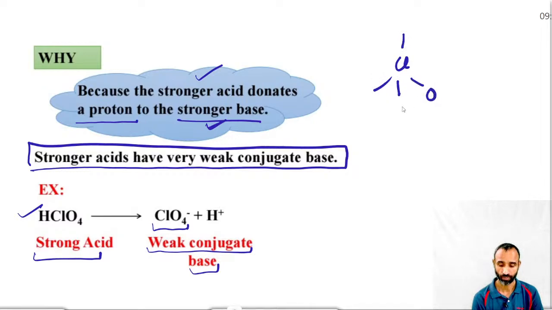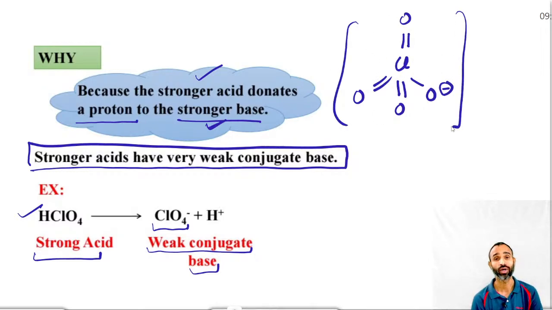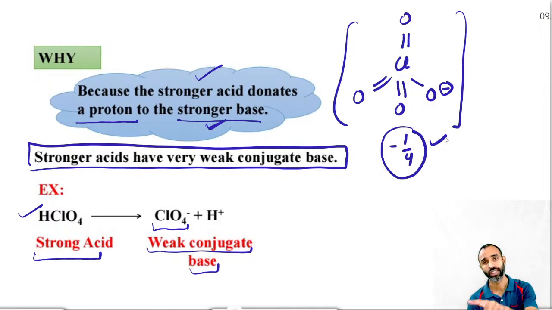Because there is only one negative charge, and this one negative charge is delocalized on 4 oxygens. So per oxygen there is only -1/4 charge. There is a large delocalization of the negative charge, so attraction for the proton is less. Therefore it is a weak conjugate base.